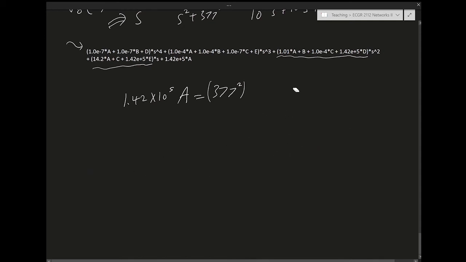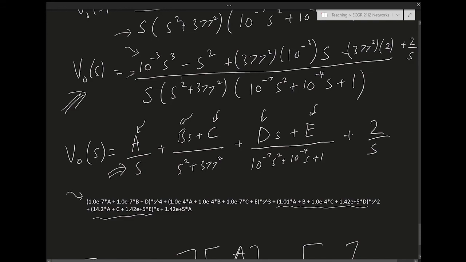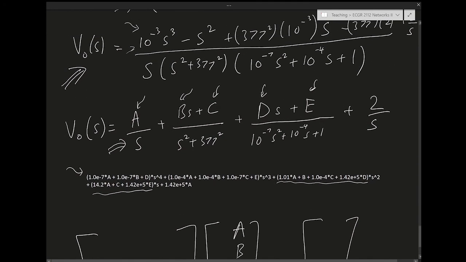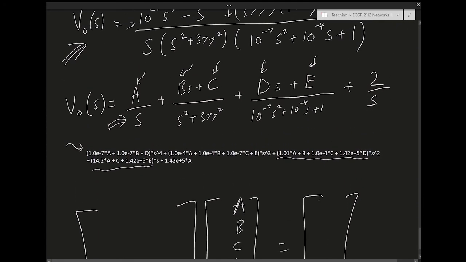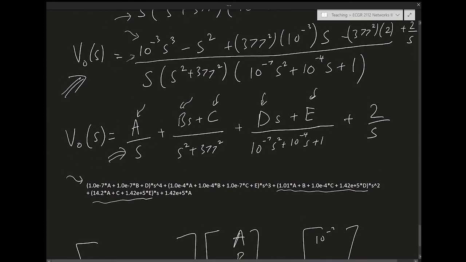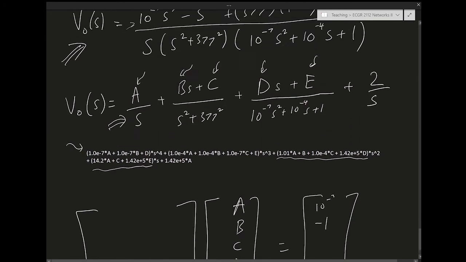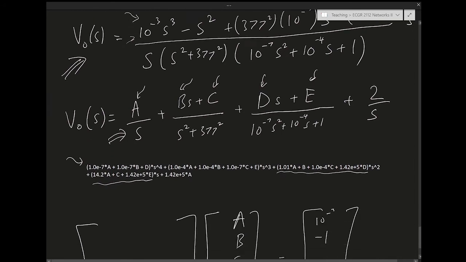We're solving for those constants A, B, C, D, E, so we need to fill in the components of a matrix here, and then put in the numerator coefficients here. Here we're going to have 10 to the minus 3, the coefficient of S3, and then minus 1, and this is the component of S.